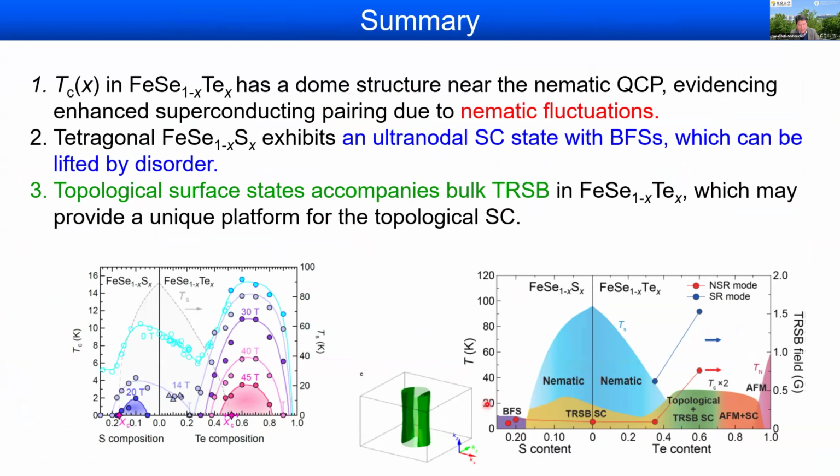And in this SC2 phase, we have evidence for the ultranodal superconducting state with Bogoliubov-Fermi surfaces, but these Bogoliubov-Fermi surfaces can be lifted by disorder. And finally, I discussed the topological surface states accompanied by bulk time reversal symmetry breaking in this iron tellurium, which may provide a very unique platform for topological superconductivity. Okay, so that's it.